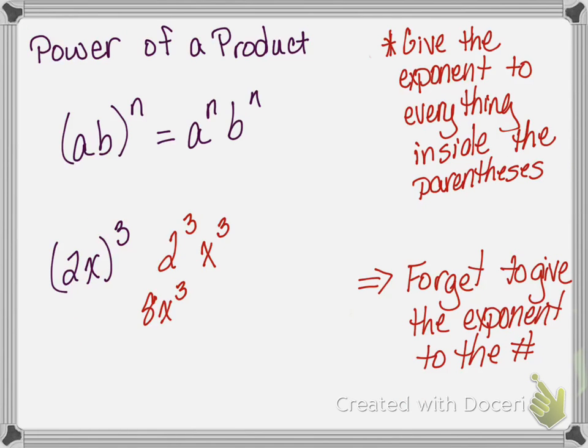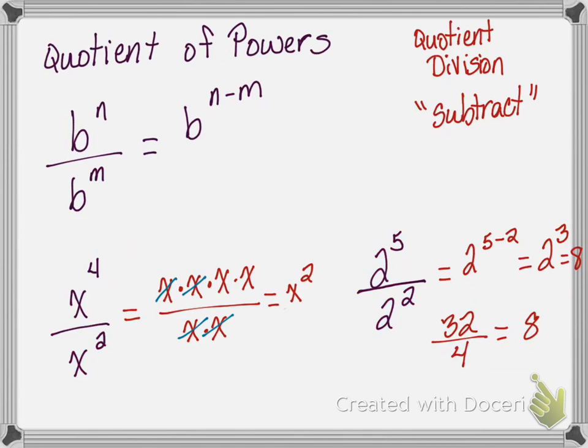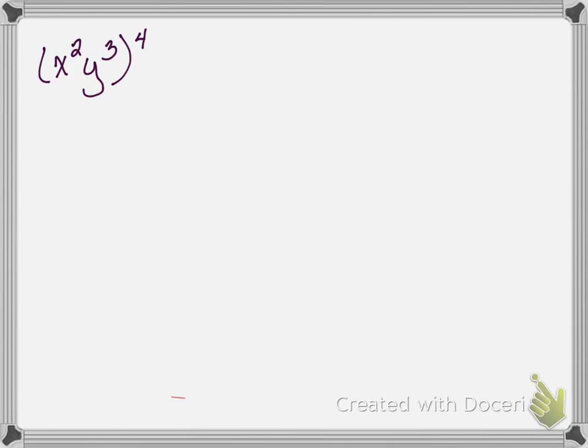But we also have the power of a product property. So we are using two properties at the same time with the type of problem that we're doing here.